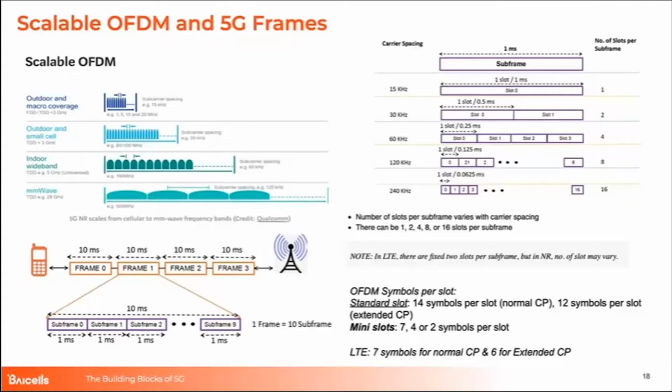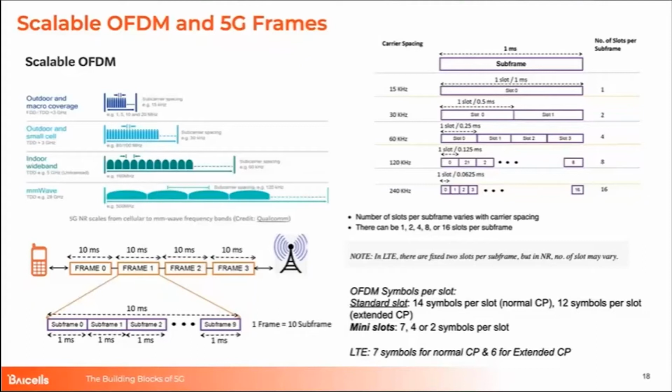For LTE, it was fixed to 7 symbols, or 6 for extended CP. So 5G doubled the number of symbols per time slot. When you configure your system, all you need to do is get the proper carrier spacing, called numerology, mu, to control the number of slots, which indicates the bandwidth and the latency.